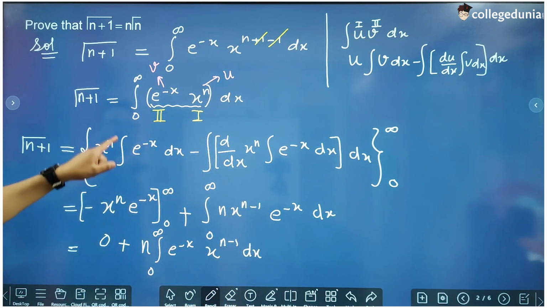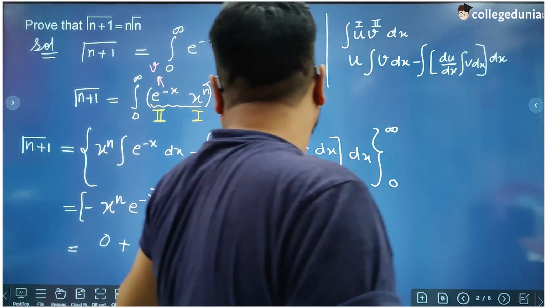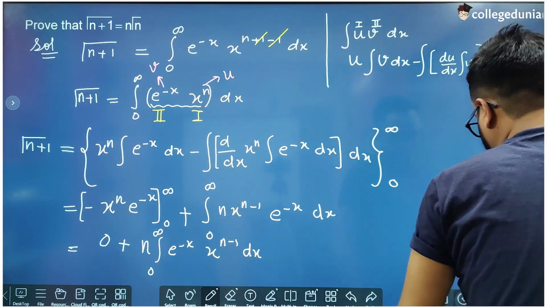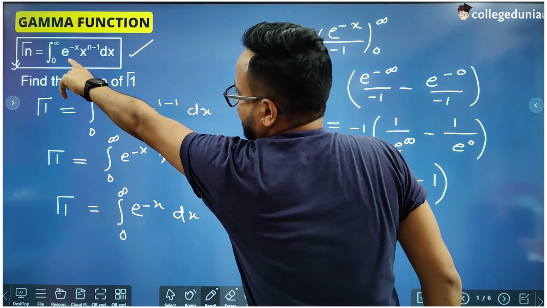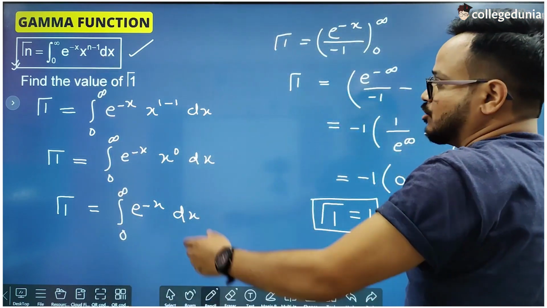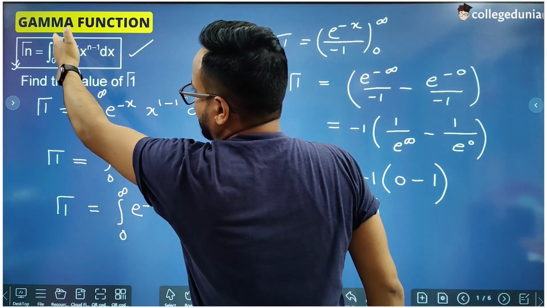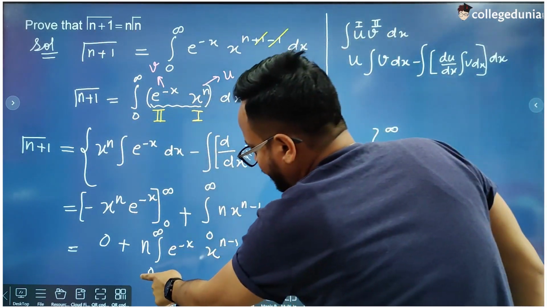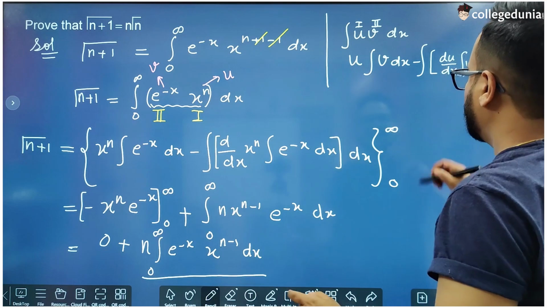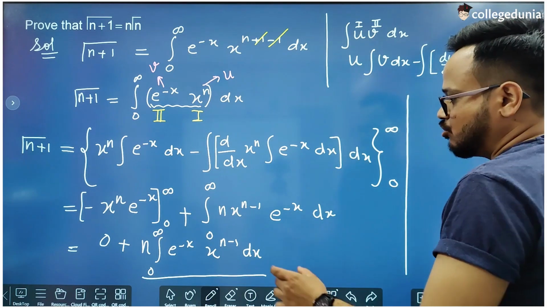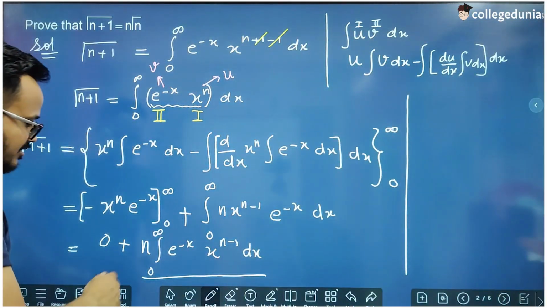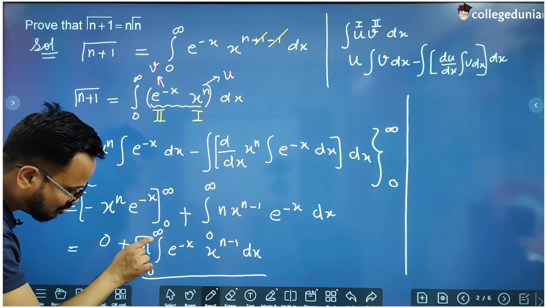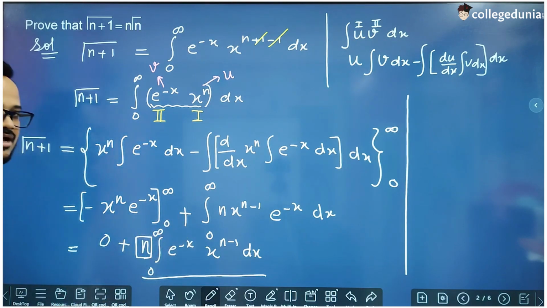So what is this? e to the power minus x into x to the power n minus 1, limit 0 to infinity, is nothing but gamma n, right? So this whole is nothing but gamma n. So this is 0 and this is n, and the rest is gamma n.